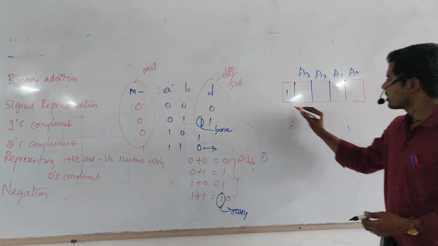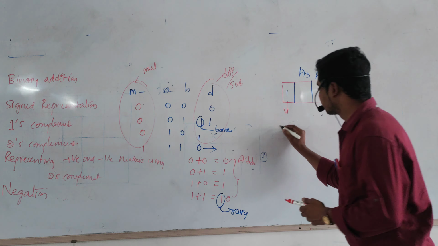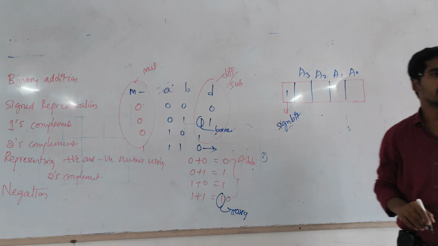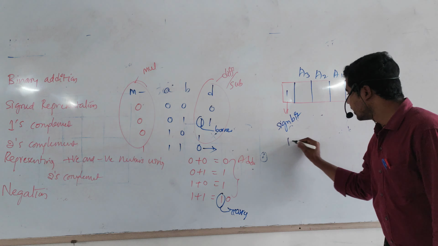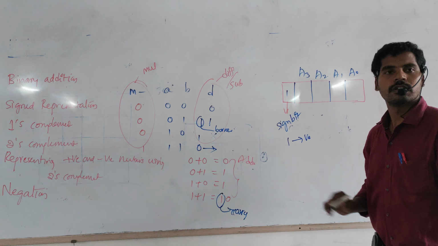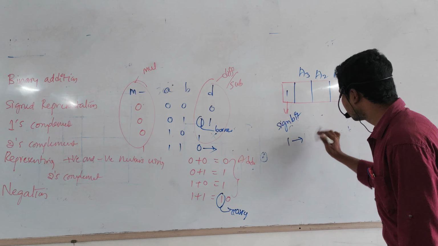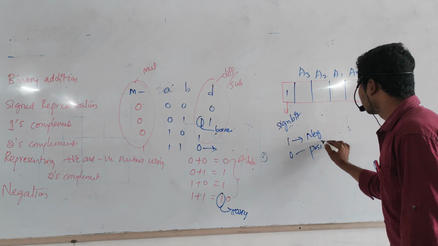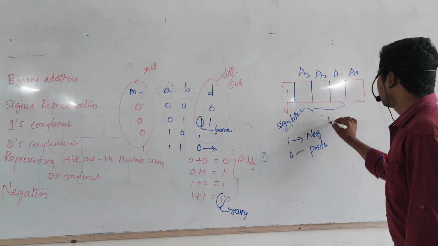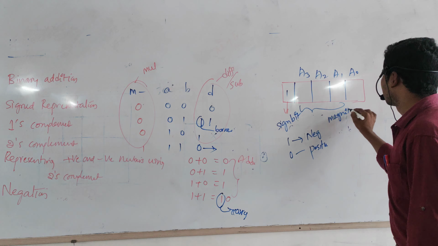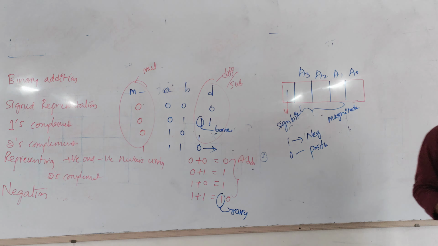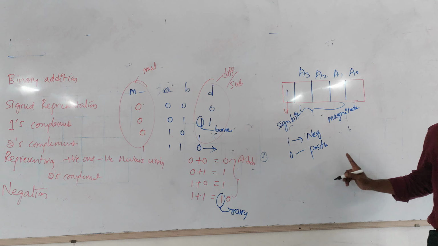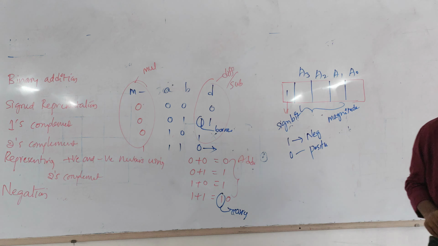The last bit represents the sign bit. If the sign bit is 1, it is a negative number. If it is 0, it is a positive number. The remaining bits represent the magnitude. This is one way of representing numbers.